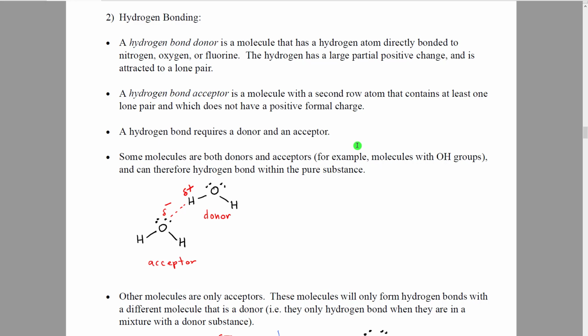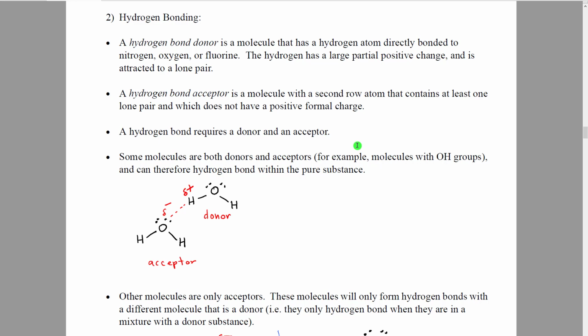So hydrogen bonds actually occur between one particle or molecule that we call the hydrogen bond donor and another molecule or particle that we call the hydrogen bond acceptor. A hydrogen bond donor is a molecule that has a hydrogen directly bonded to either nitrogen, oxygen, or fluorine.